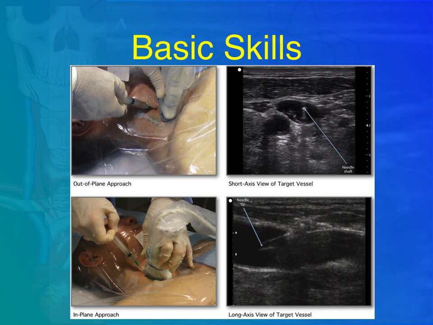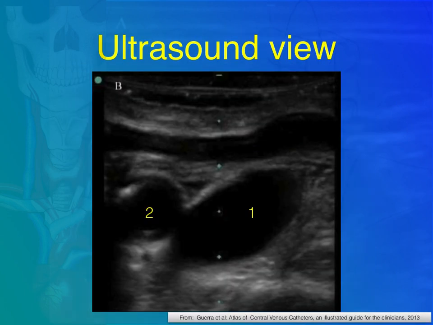First, we have the out of plane or transverse approach. In the second one, you have the long axis or longitudinal approach, and you can see the needle tip in both instances.